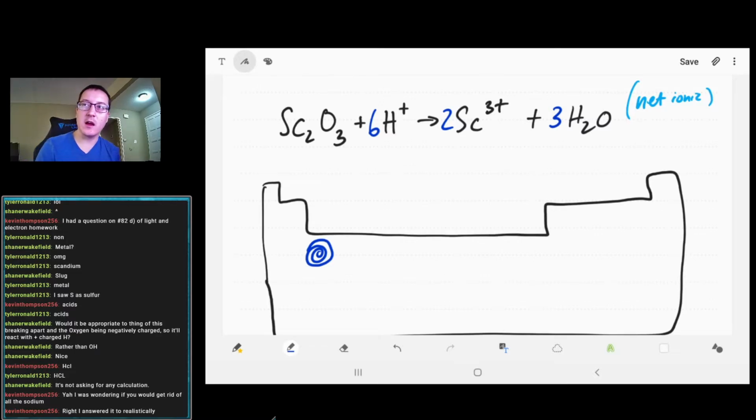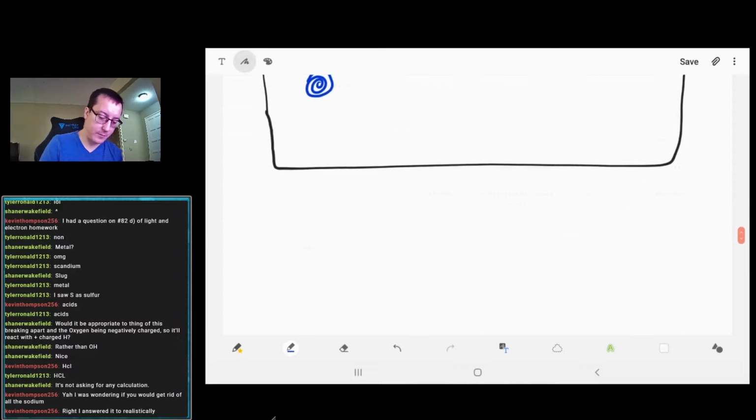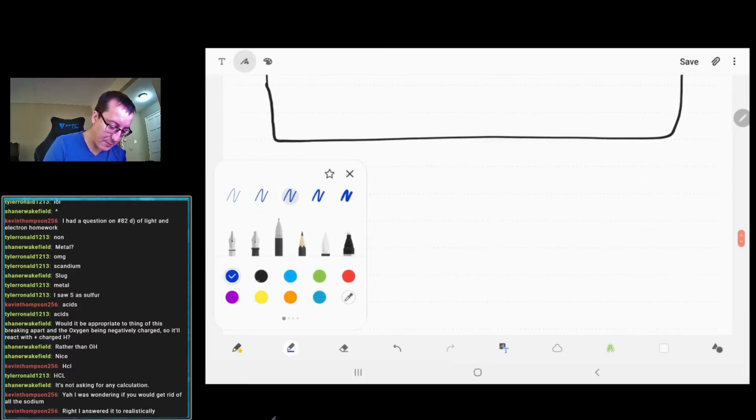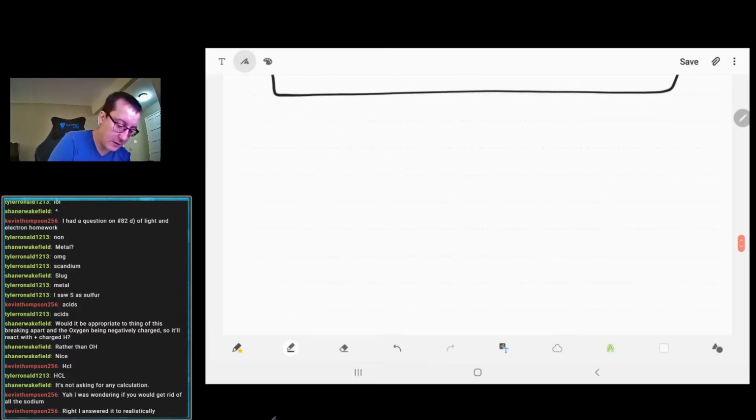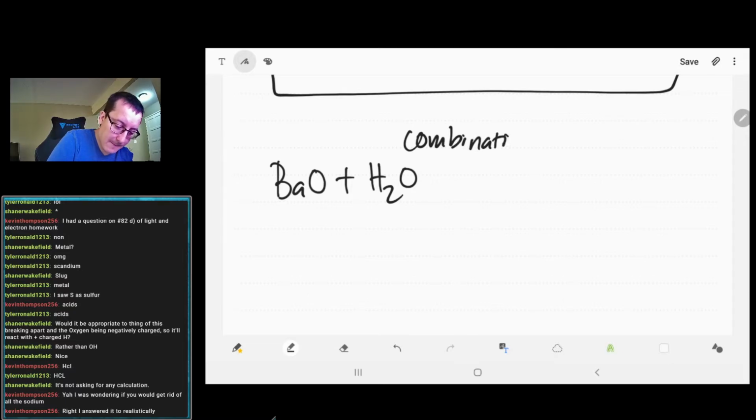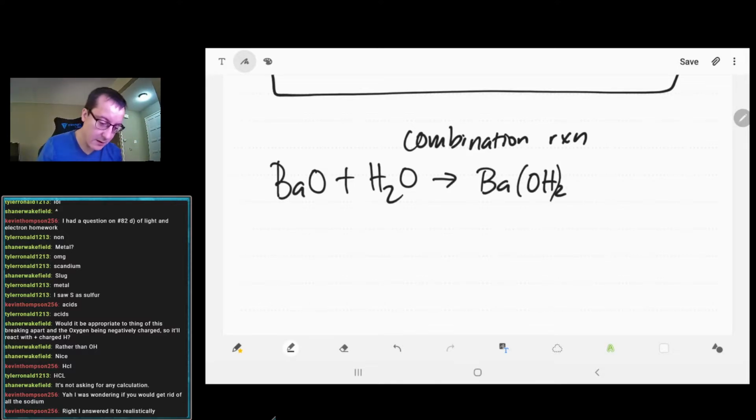We just have to understand what type of reaction is taking place here. All those oxides plus waters are going to be combination reactions, and that will just make barium hydroxide.